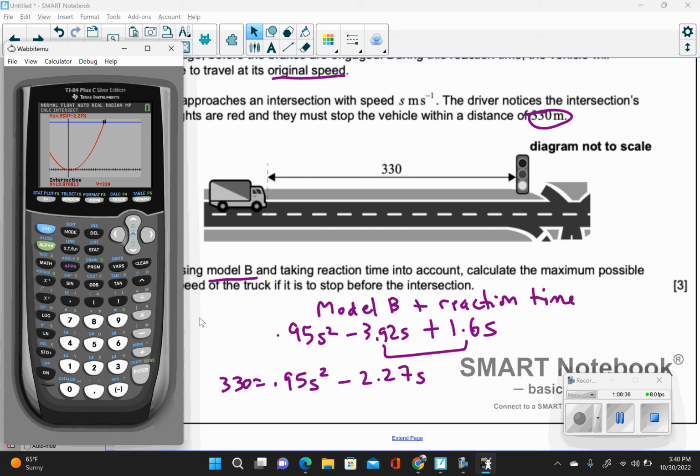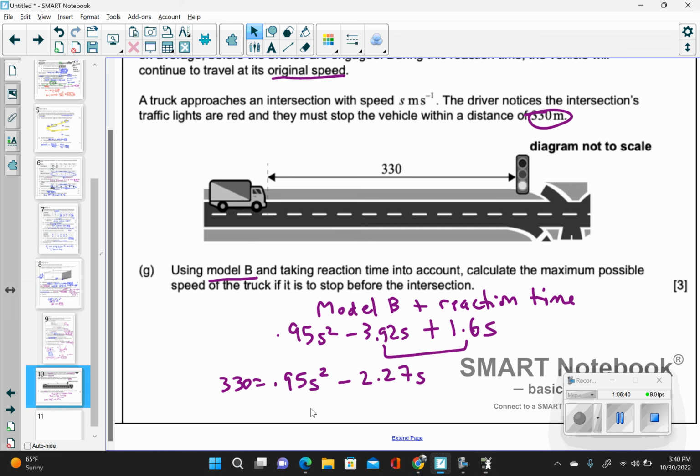Good. So I can say that our speed S is about 19.9 meters per second. And that is going to be the maximum possible speed of the truck if it's to stop before that 330 meters. Okay. All right. Good job.